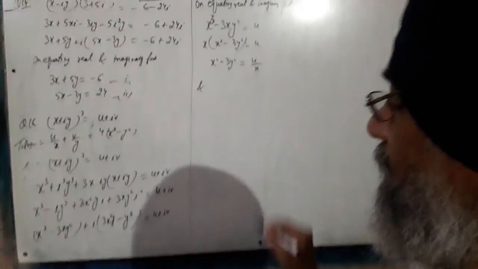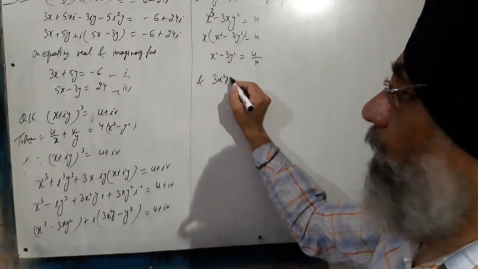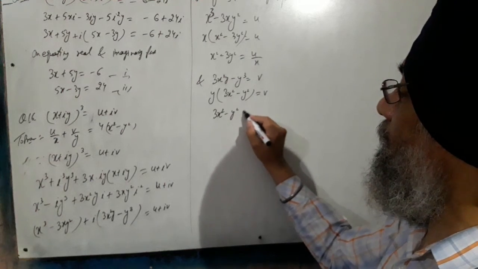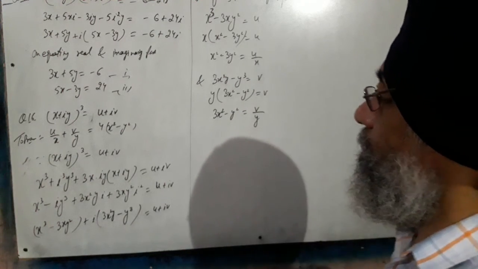For the imaginary part, 3x square y minus y cube is equal to v, or you can say taking y as common, 3x square minus y square is equal to v upon y.